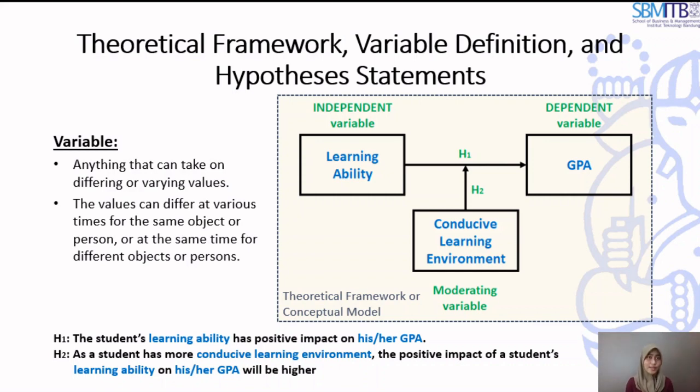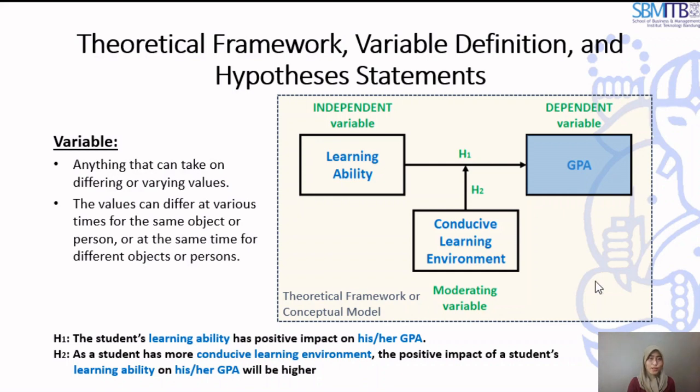For example, in this conceptual model, we have GPA as a variable. A student in different semesters may have different GPAs, or 2 different students in the same semester may have different GPAs. Thus, we consider GPA as a variable since the value can vary.